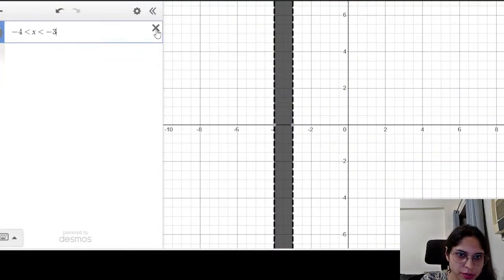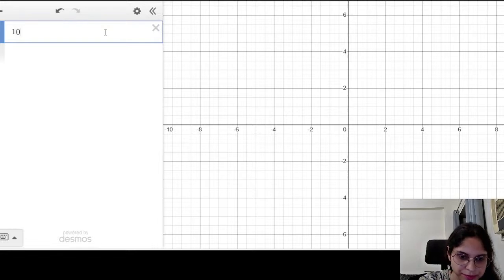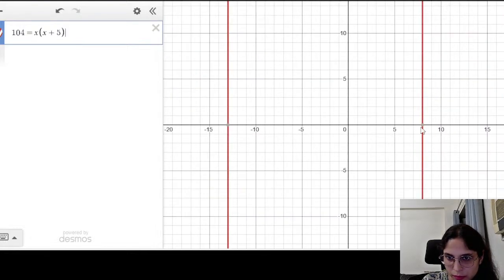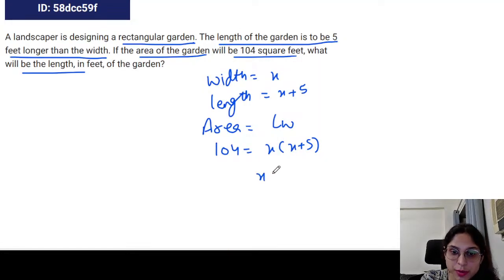Solving this in decimals, that's the best way. Getting the value of x is 8. Negative value we will not take because width and length can't be negative. So most people will write the answer as 8 only, but they're talking about length.